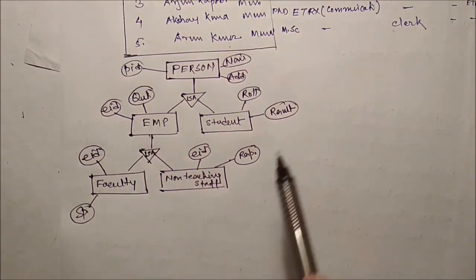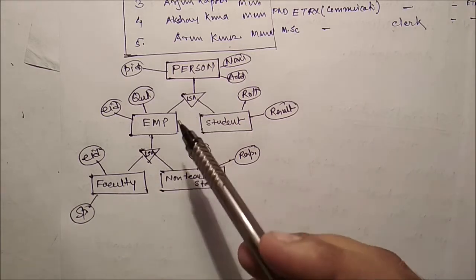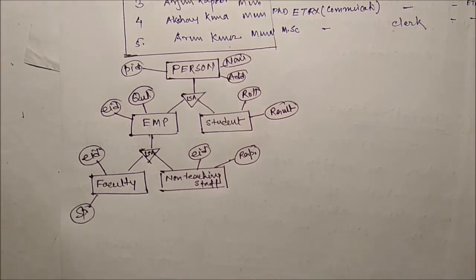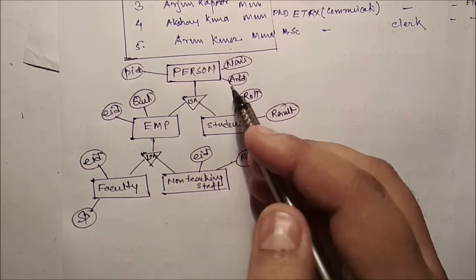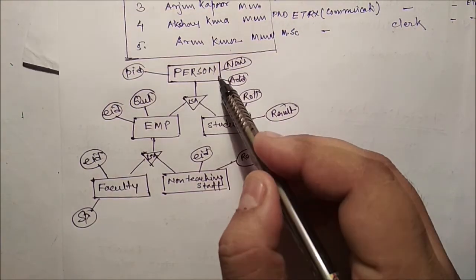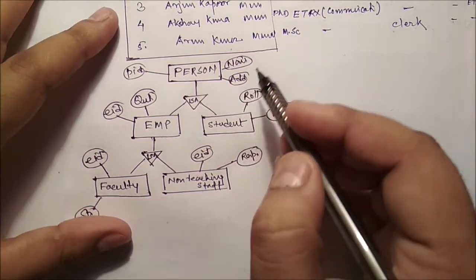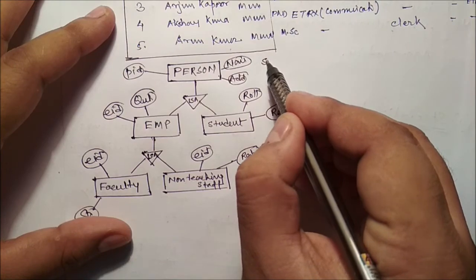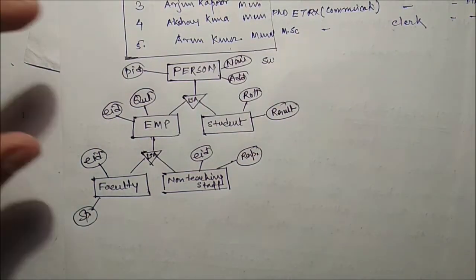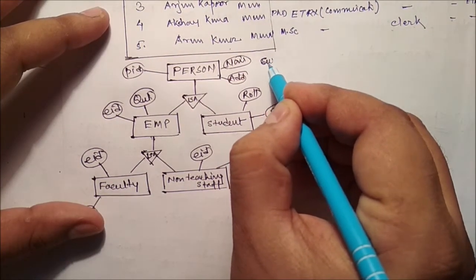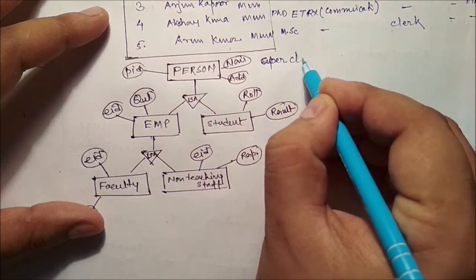So to define the database design, we may use specialization repeatedly. We can say this is nothing but our higher level entity, and it is also called the superclass.